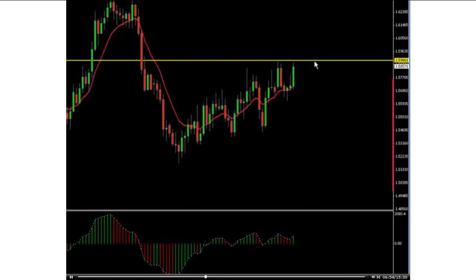And the reason is, this is a major psychological level of 1.5900, and it has proved before, particularly here, to be an area of resistance. So if we were to get a candle signal to buy here, I need this candle to close above the 1.5900. If it doesn't, I will leave it alone.